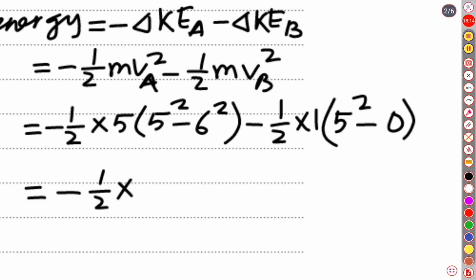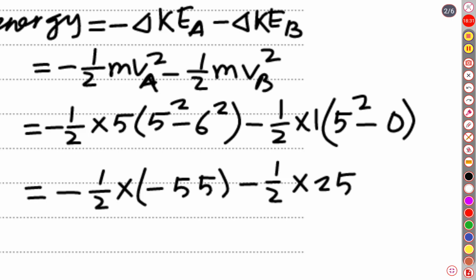And it is going to be now minus 5 into minus 11. 36 minus 25 means 11. So negative 55. And here it is going to be half of just 25.